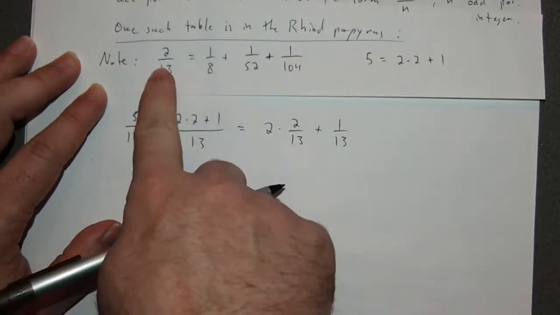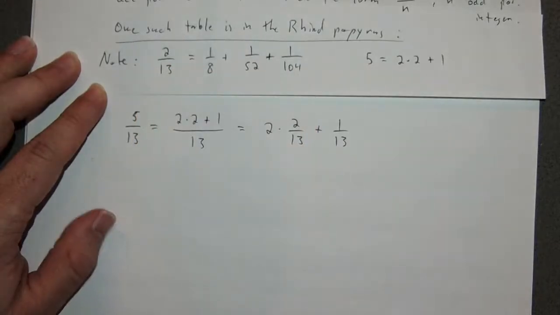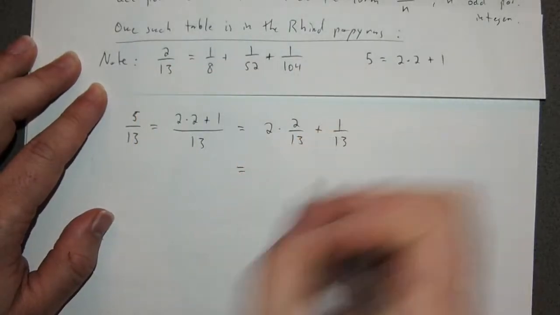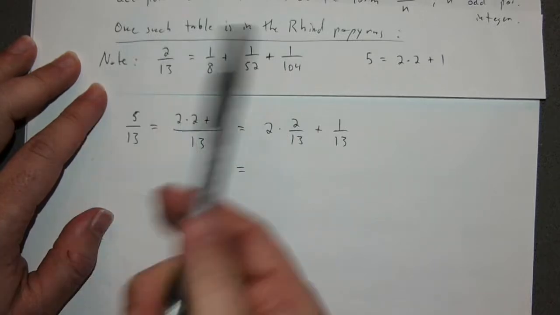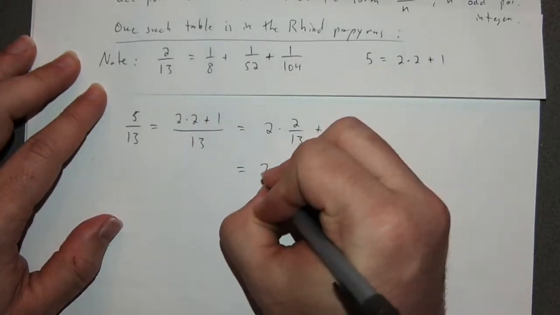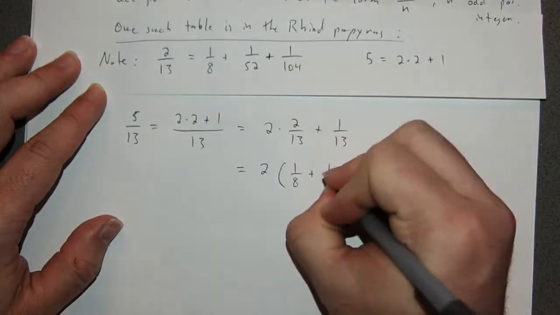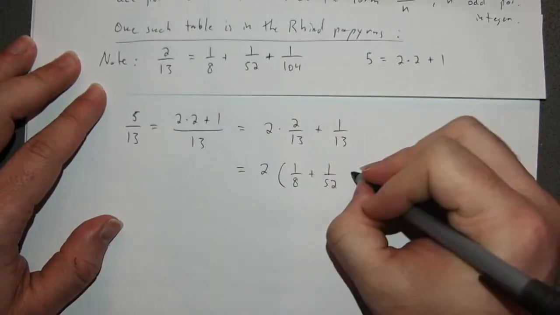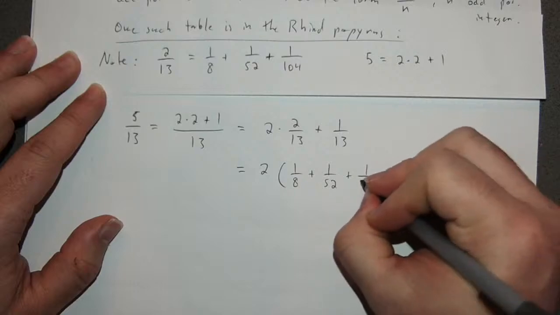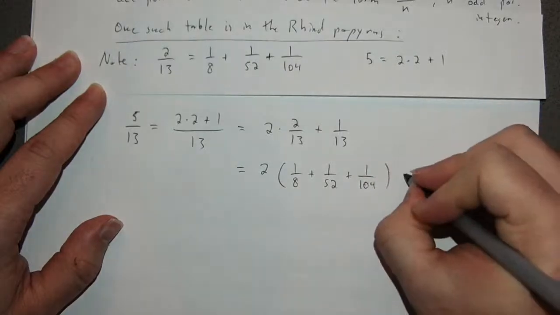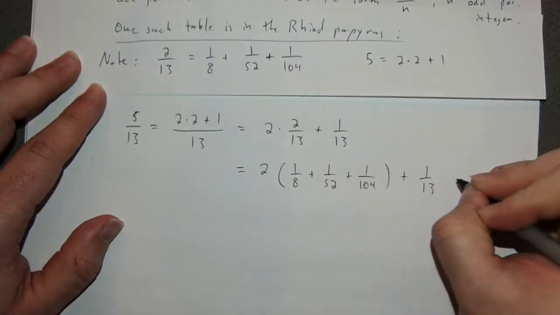But 2/13 has this decomposition here. So this decomposition coming from this table gives me 2 times 1/8 plus 1/52 plus 1 over 104, plus 1 over 13.